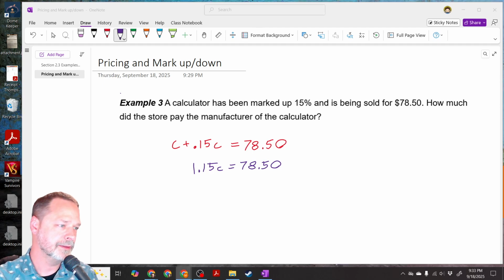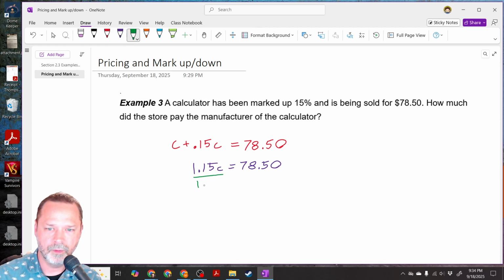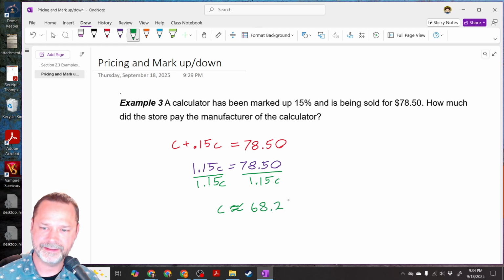And once again, this one is nice because we just have one step. I want to get C by itself, so we're going to divide by 1.15. Whatever you do to one side, we must do to the other, and we get that C, the cost of my calculator, is about 68.26087.